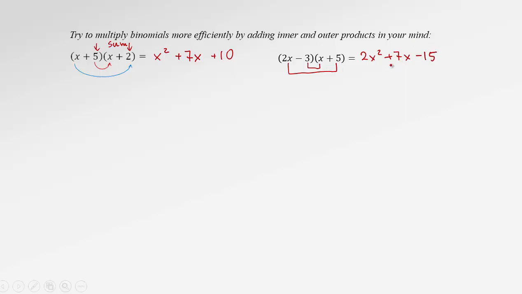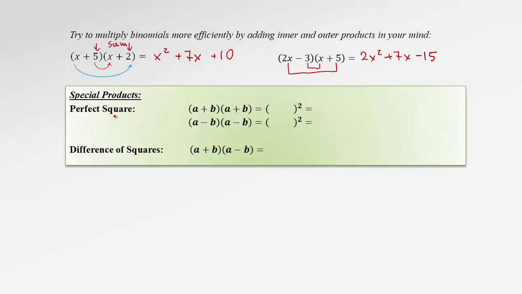Really quick multiplication. We're saving quite a bit of time, and we do develop some insight that will be useful for factoring pretty soon. Now let's look at special products. Again, that will help us to multiply faster, and also it will help us to understand factoring better.